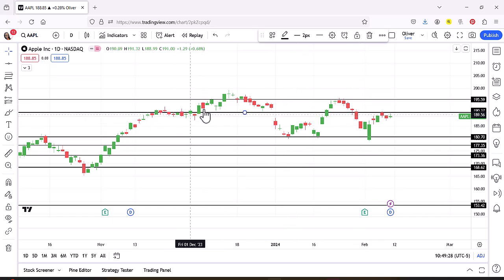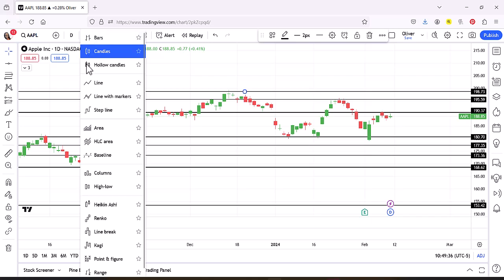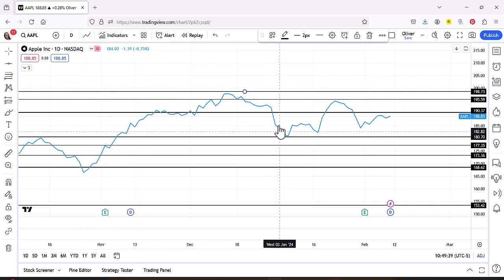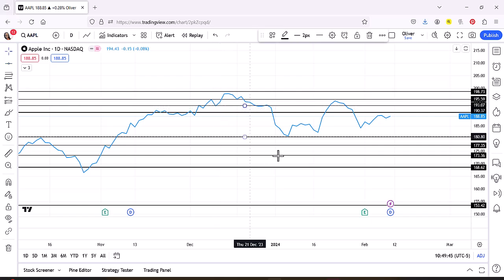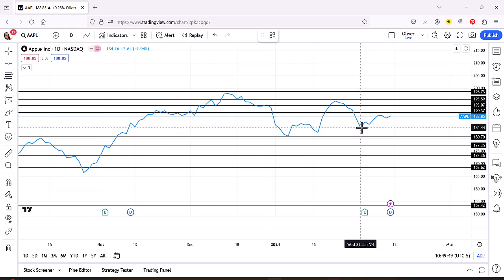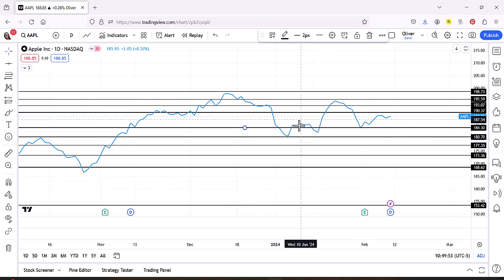One thing you can do to make sure that you've highlighted all of the necessary places is you can change this from candles to a line. And again, we're looking for peaks and valleys, places that it drops and reverses, like here. I missed this one. And there's one here down at 185 in that general vicinity, which actually covers these 2 areas.